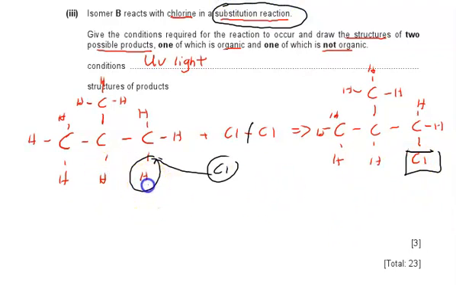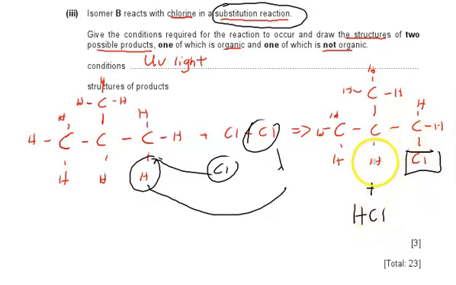This hydrogen will combine with another chlorine, so you will have plus hydrochloric acid, and this will continue until all the hydrogen is replaced with chlorine. Okay, so this is the substitution reaction. So this is a structural product. For this question 4, we have a total of about 23 marks. Okay, let us move on with the next one.